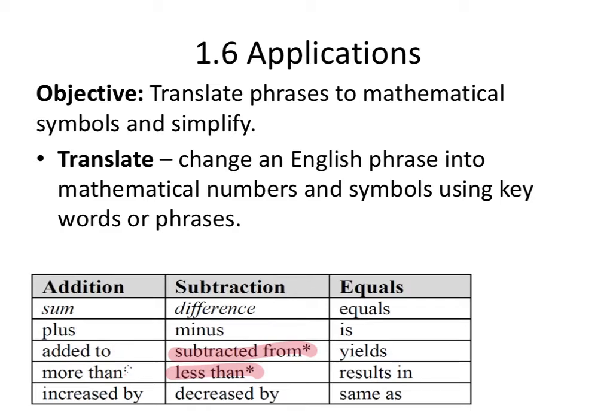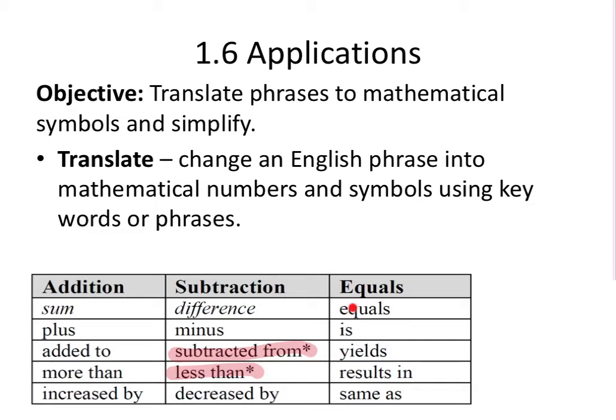So while these are kind of saying there's a condition that goes with these, because we know we should be able to change the order of addition, the order shouldn't matter. So I'm going to take away those asterisks, but it will matter for subtraction, right? Order does matter with subtraction.